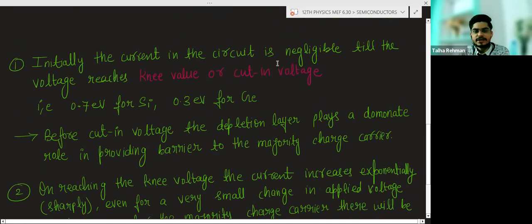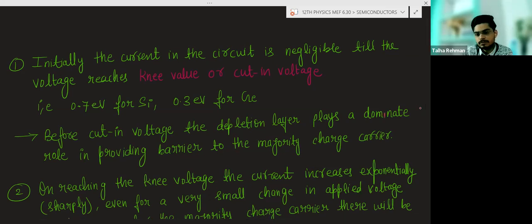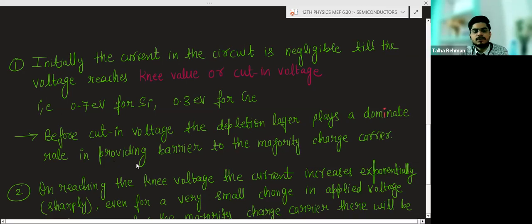Initially, the current in the circuit is negligible till the voltage reaches knee value or cut-in voltage, and the knee voltage for silicon is 0.7 electron volt. For germanium, it is 0.3 electron volt. Before cut-in voltage, the depletion layer plays a dominant role in providing barrier to the majority charge carrier.